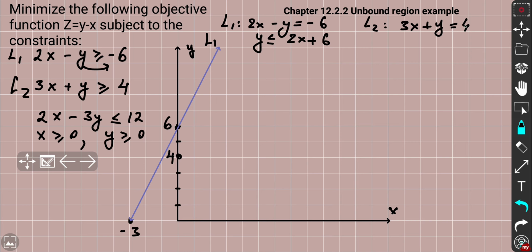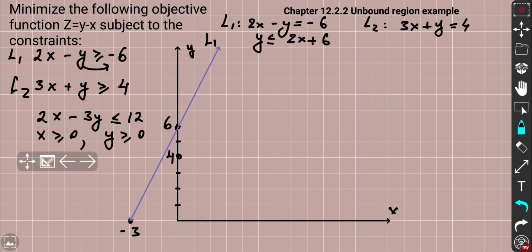What about y equals 0? In this case I'll get x equals 4 over 3, which is not such a nice value. Anyway, 4 over 3 is going to be the case.